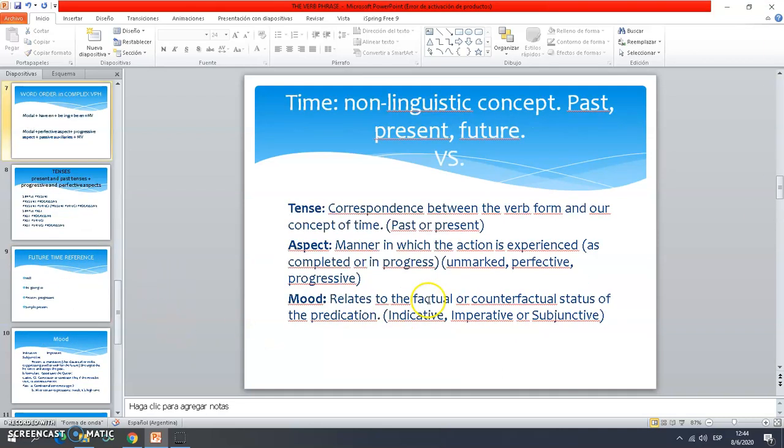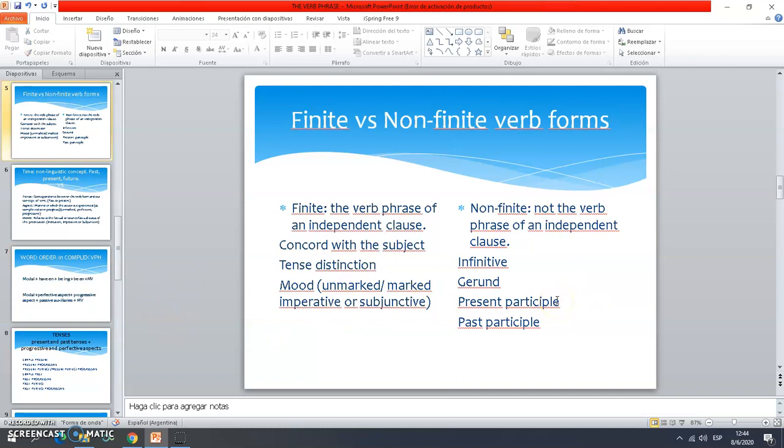And when we talk about non-finite verb forms, we're talking about the infinitive, the gerund, the present participle, and the past participle. Be careful here because the infinitive is the base form. The past participle would be, let's say, the third column, but the gerund and the present participle correspond both to the ing form.